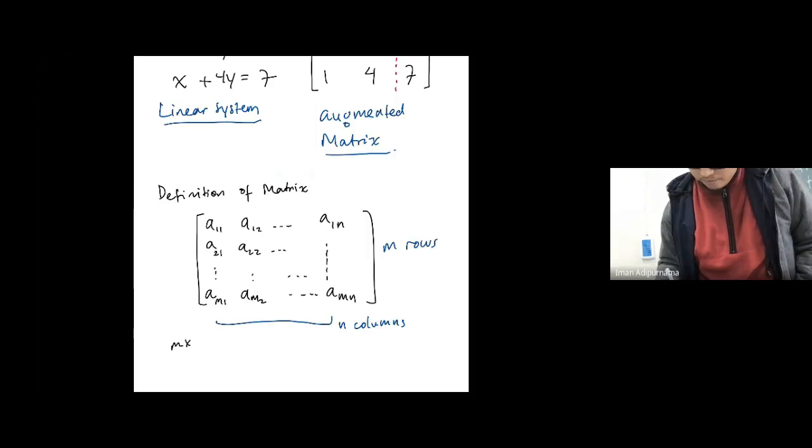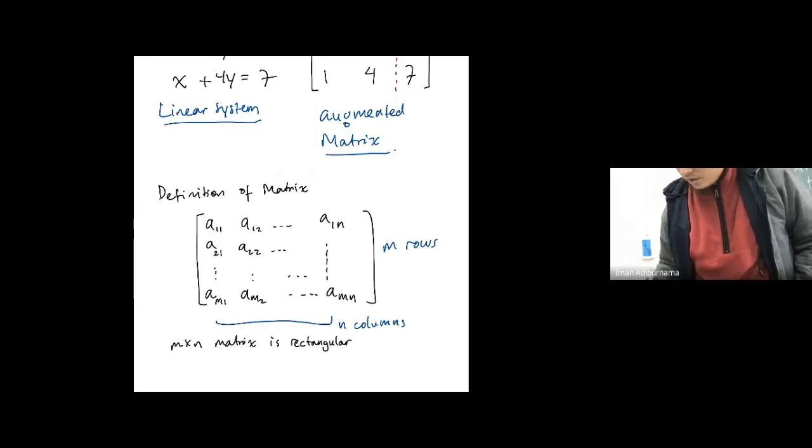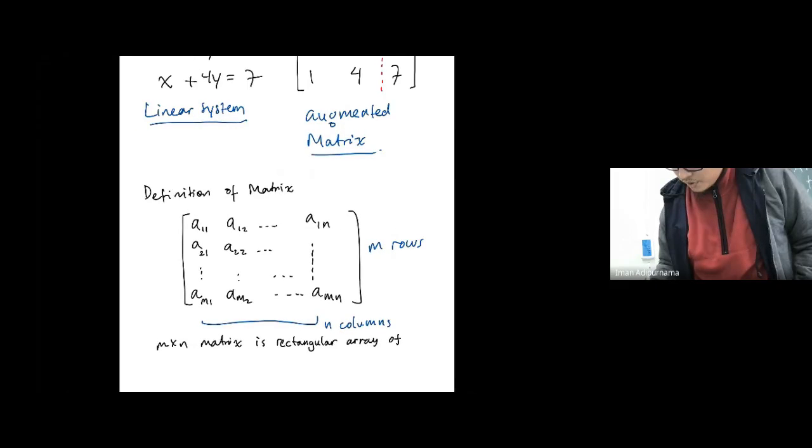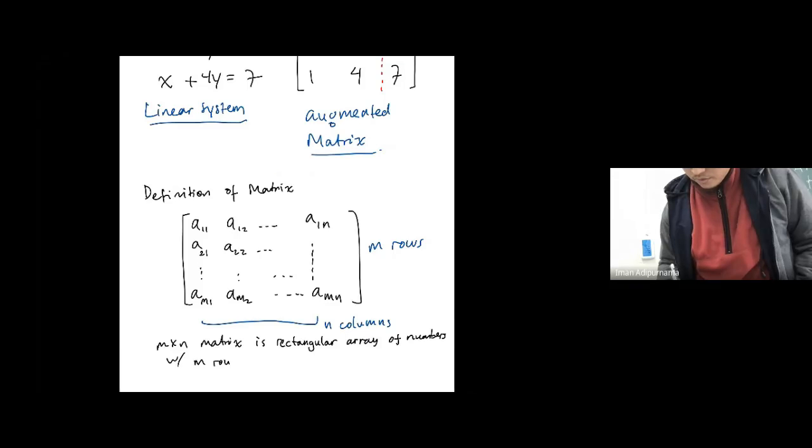So an M by N matrix is a rectangular array of numbers with M rows and N columns.